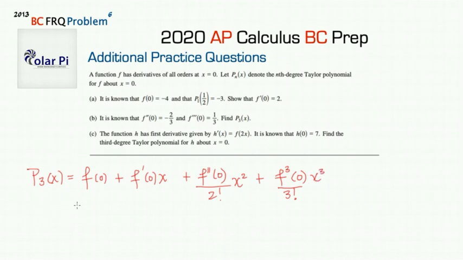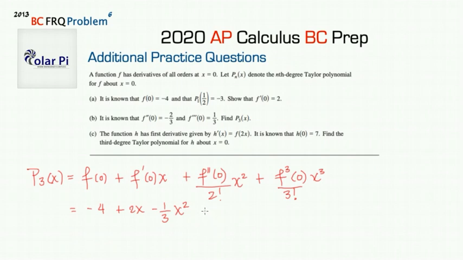Okay, cool. So f of 0 we already know is -4. F prime of 0 we had to show was 2 in the first part, so we've got plus 2x as the second term, and then plus f double prime of 0 we're given, and it's -2/3, right? And then over 2 factorial, so the denominator turns into 6, but that's going to turn out to be -1/3, so it's -1/3 x squared.